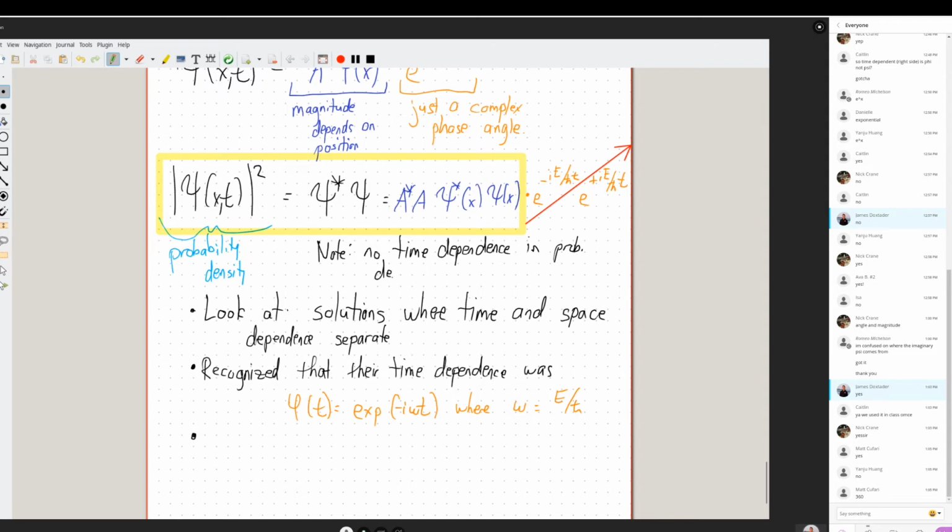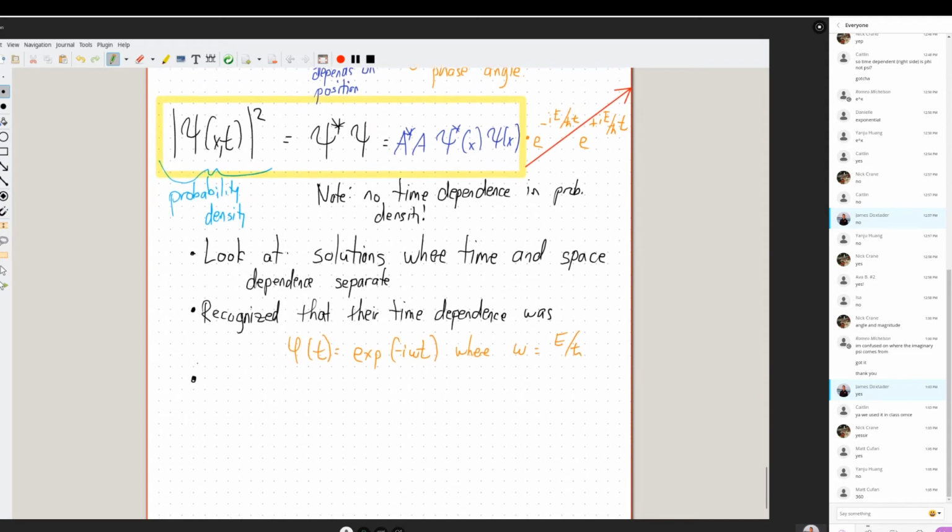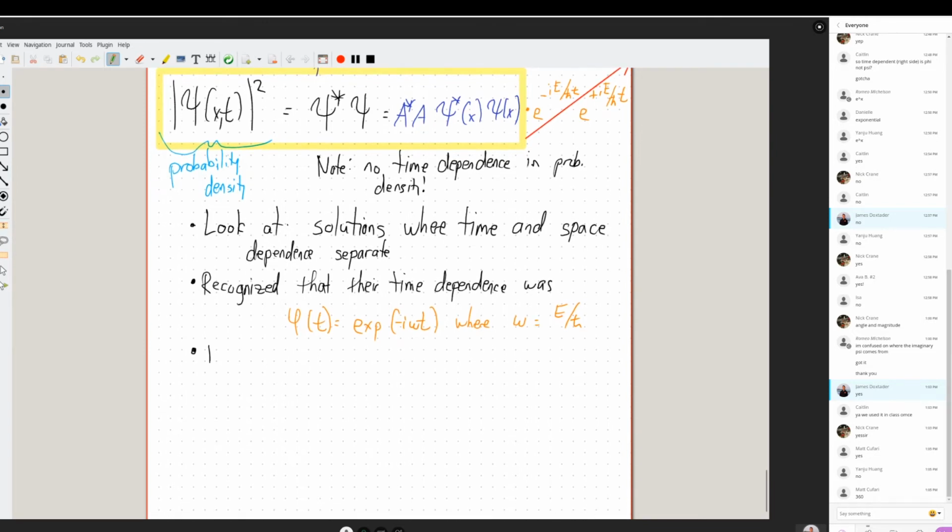There's no time dependence in the probability density. So these solutions have no time dependence in the probability density.